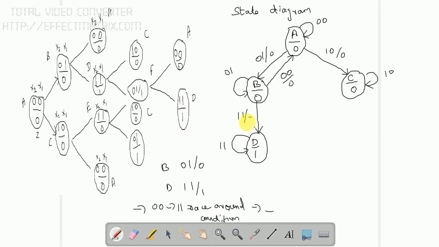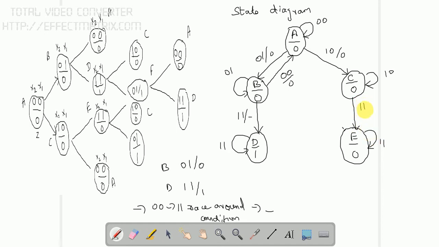Okay. Next, from C to E, where E is a new state. So the E output is 0, having the input as 1 1. So from C to E, that is 1 0 to 1 1.